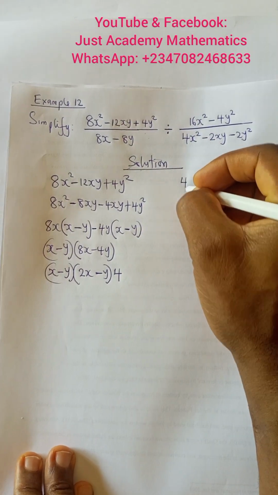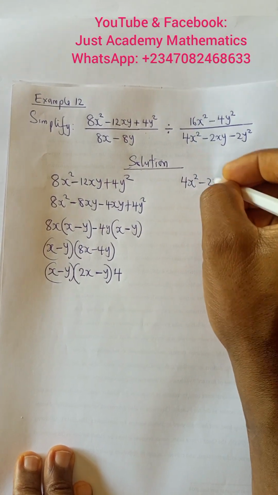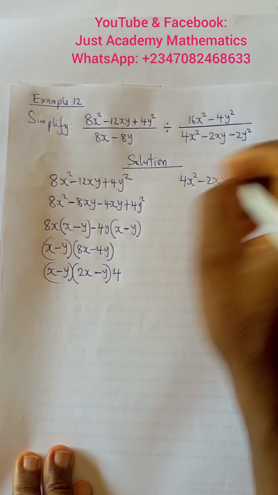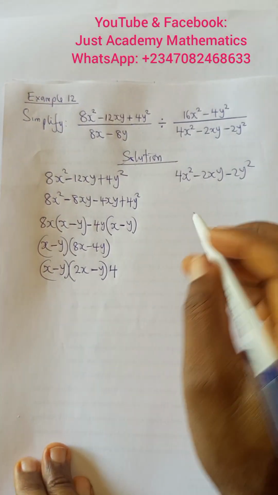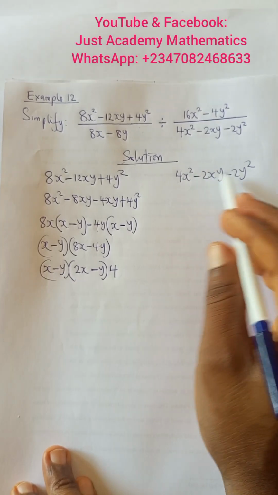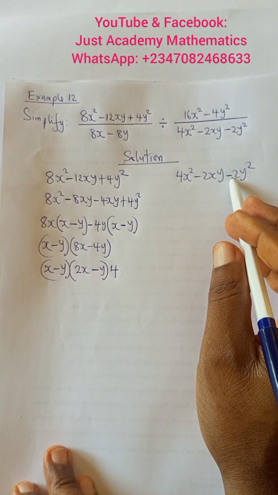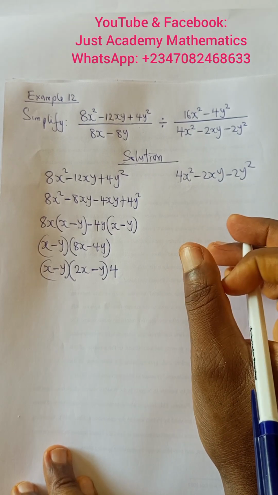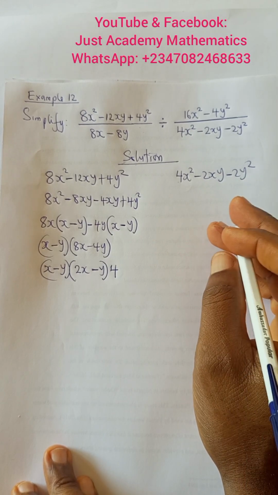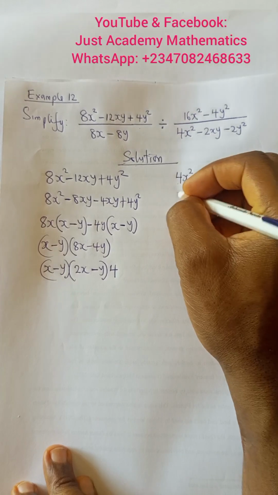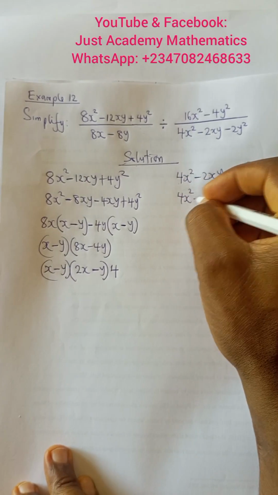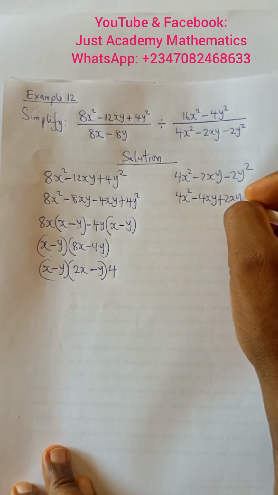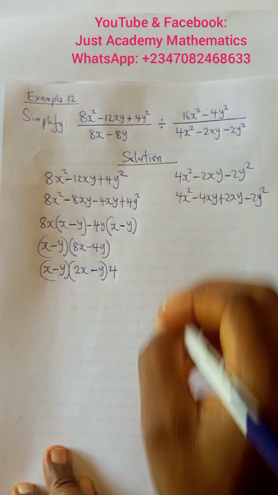So let's do this down one here, because those two can be done directly. That is 4x squared minus 2xy minus 2y squared. We'll look for two numbers that add to give us minus 2 and multiply to give us 8. 8, 4 and 2 should work. Minus 4 plus 2 will work. 4x squared minus 4xy plus 2xy minus 2y squared.